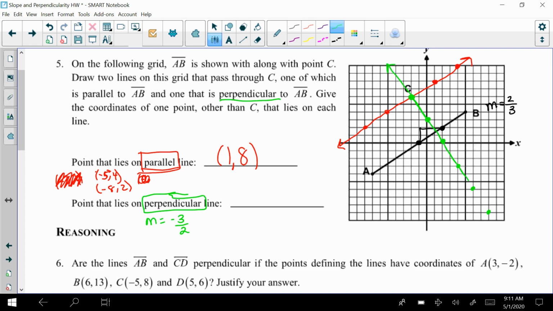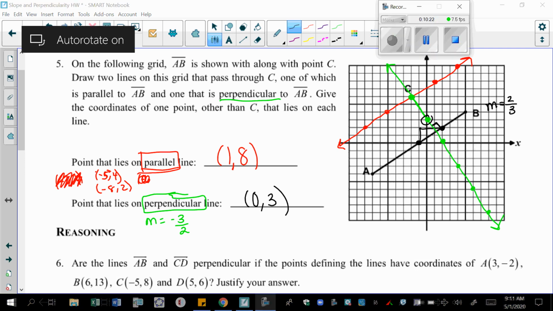Okay, here is my line. You can notice that looks perpendicular. It's the 90-degree angle. So we want a point on this. I'm just going to pick this one. That's 0, 3. That's an easy one. So 0, 3 is a point on that. You could pick any of them on that green line, though. All right, moving on.